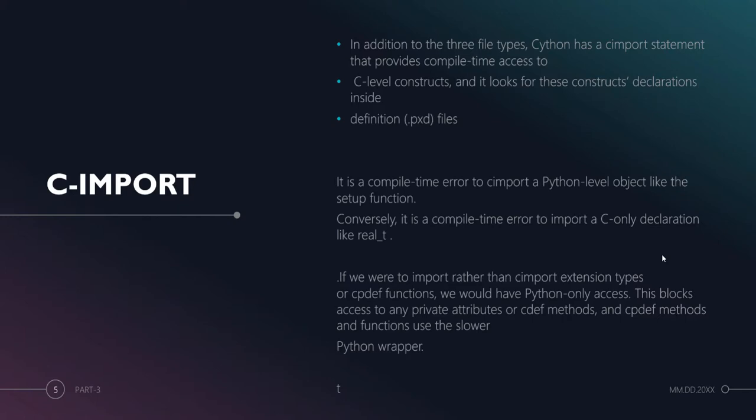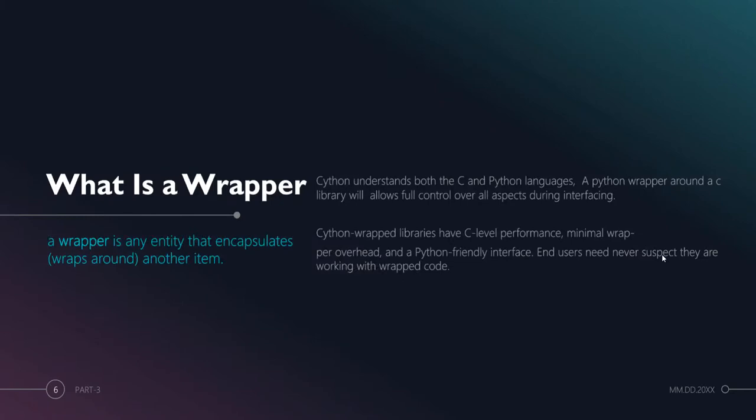It is a compile time error to cimport a Python level object like the setup function, and conversely, it is also a compile time error to import a C-only declaration like real_t. If we were to import rather than cimport extension types or cpdef functions, we would have Python-only access. This blocks access to any private attributes or cdef methods, and cpdef methods and functions use the slower Python wrapper. So if we want to make it faster and access all the internals and lower level C stuff, then our modules should be imported using cimport.